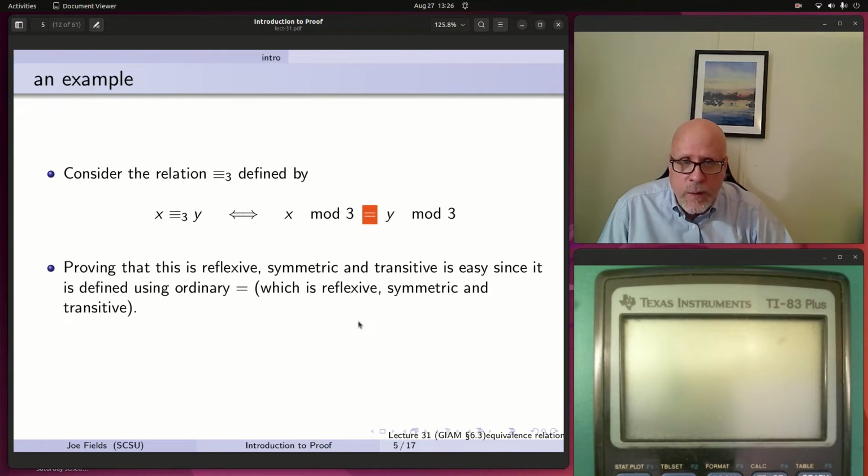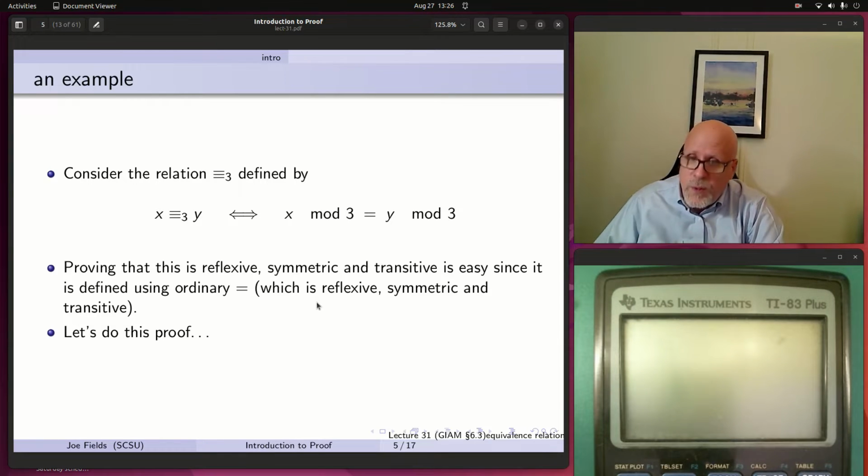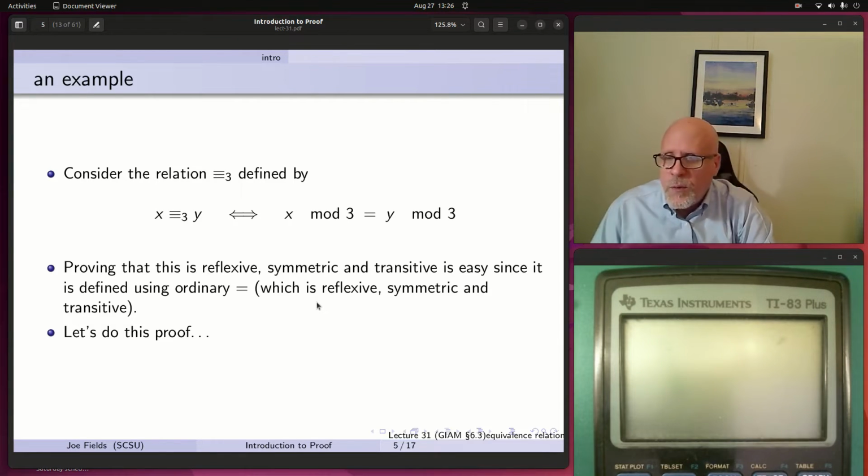In more advanced work, you would say something to that effect: this is clearly an equivalence relation since it's defined in terms of equality, and it inherits the properties it needs from equality. But we're going to do this the hard way. We're going to actually write it all out, just because we're not at the advanced level yet. So you should see what it's like to write a proof that something is indeed an equivalence relation.